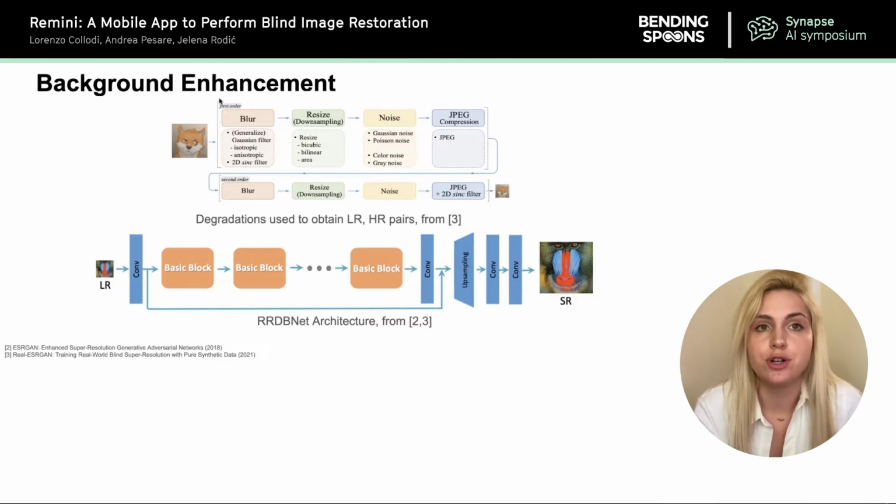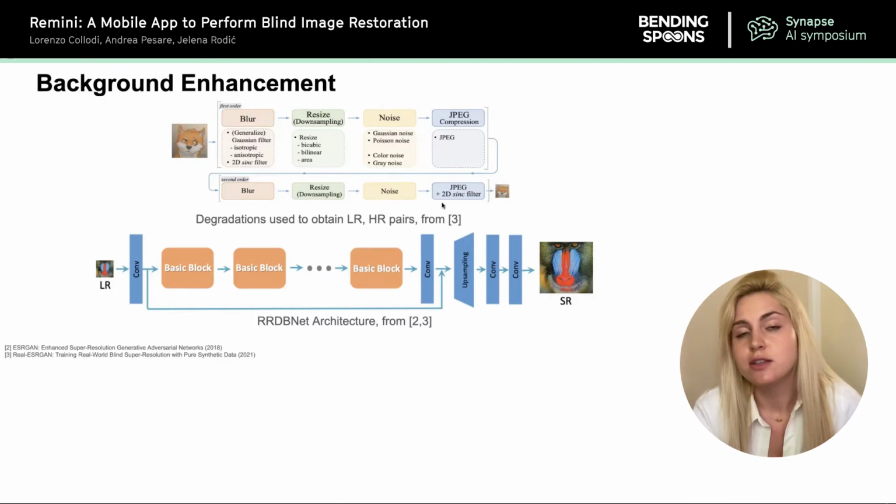The first one is to blur the image in different ways, then downsample images with different kernels, then add some additive noise that also happens in real life, and finally compress the image. So we mix all of this on different images to best estimate how degradations happen in real life.